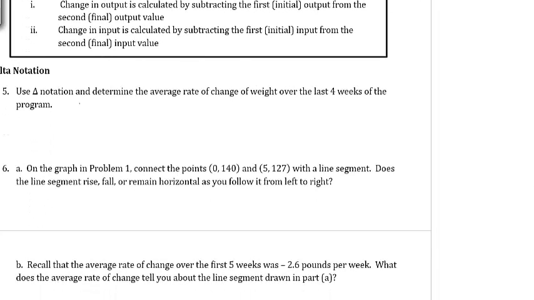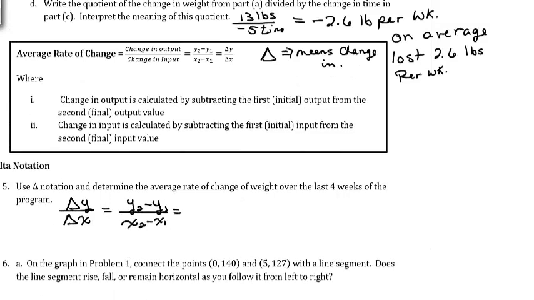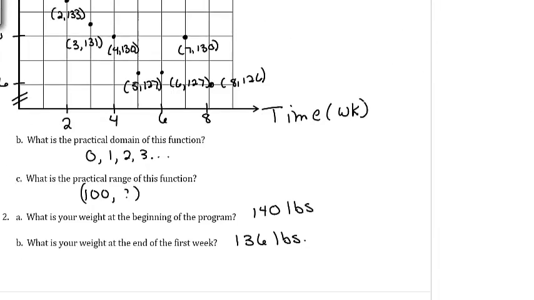So now use delta notation to determine the average rate of change of weight over the last 4 weeks of the program. So we want the change in y divided by the change in x, or y2 minus y1 over x2 minus x1. Again, it doesn't really matter what order we do this in, but we want the last 4 weeks.